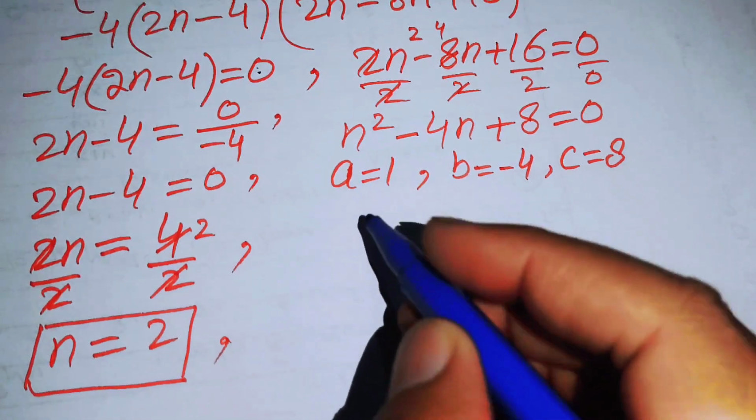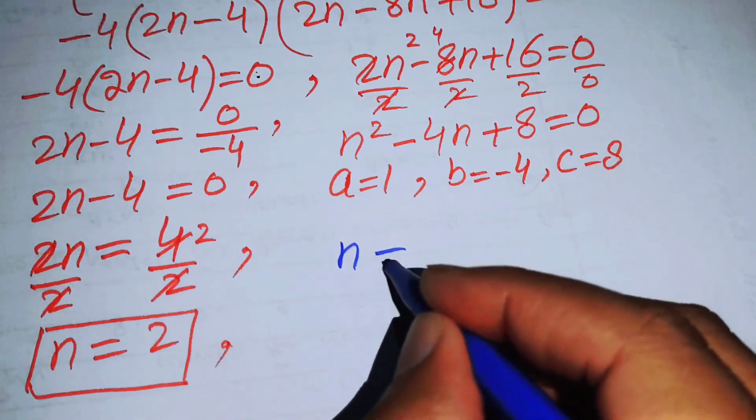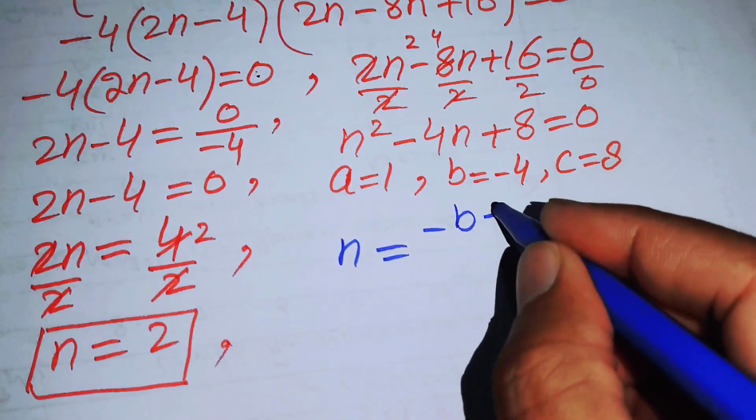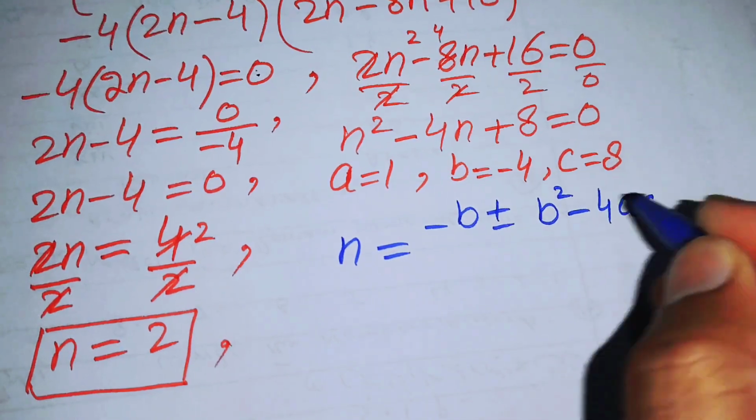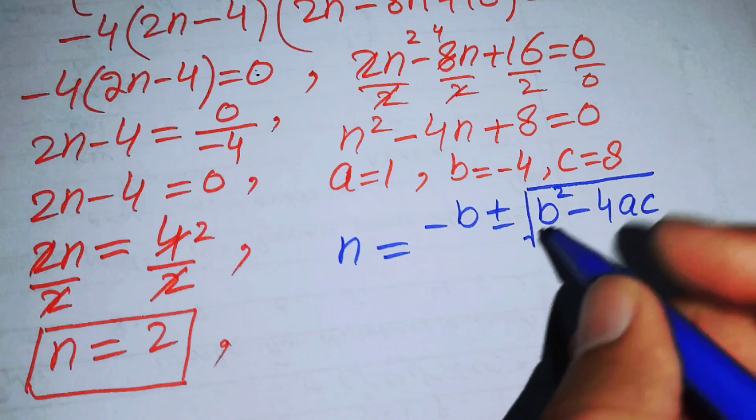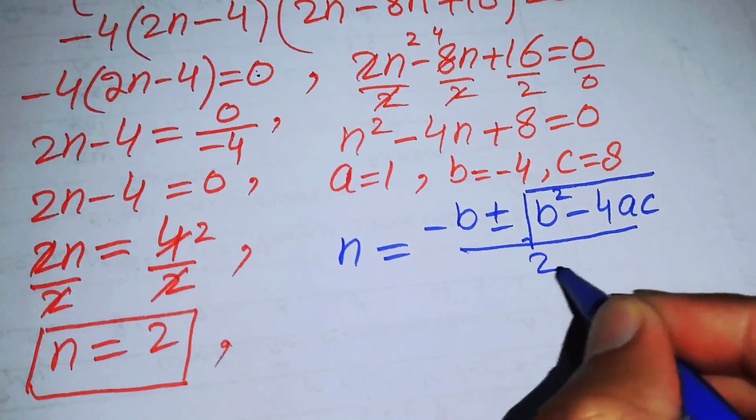And now we can apply the nice quadratic formula. The quadratic formula will be written in the form of n is equal to minus b plus minus square root of b squared minus 4ac, over 2a.